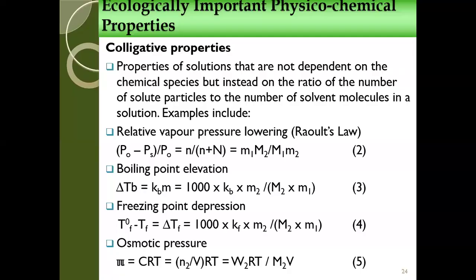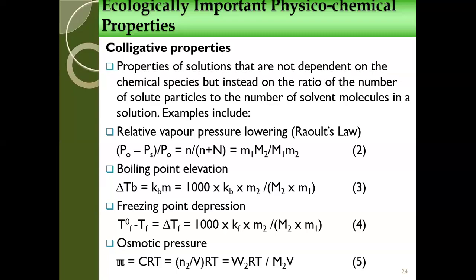Multiply 1.86 by 3.23, and that will give you 6.01 Kelvin.